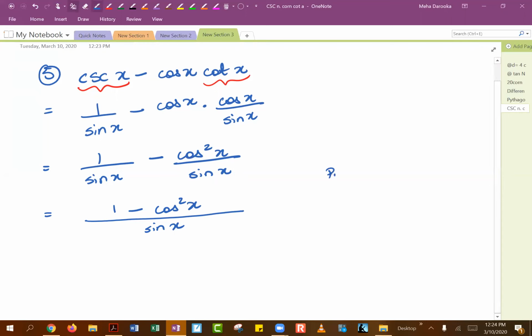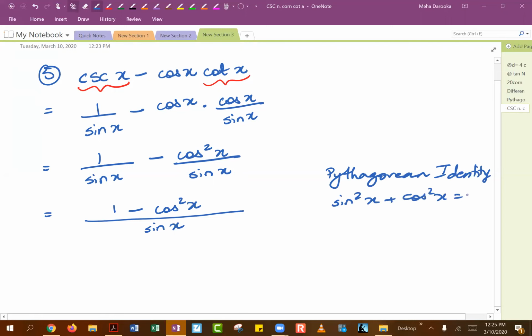So this is where, again, that sine square of x plus cosine square of x equals 1. If I subtract that cosine square of x, and this is the same thing we had done before, you get sine square equals 1 minus cosine square.